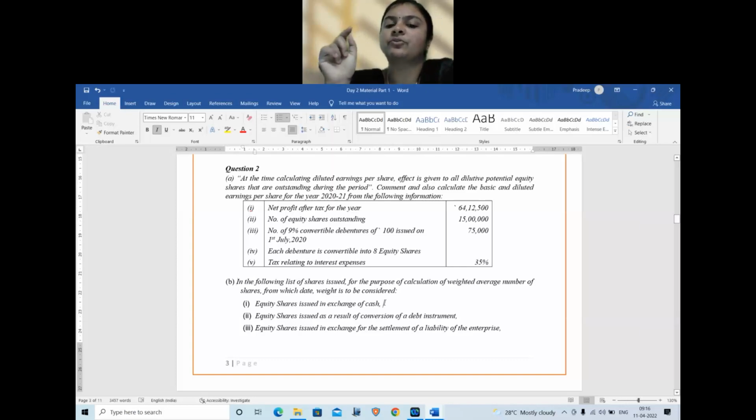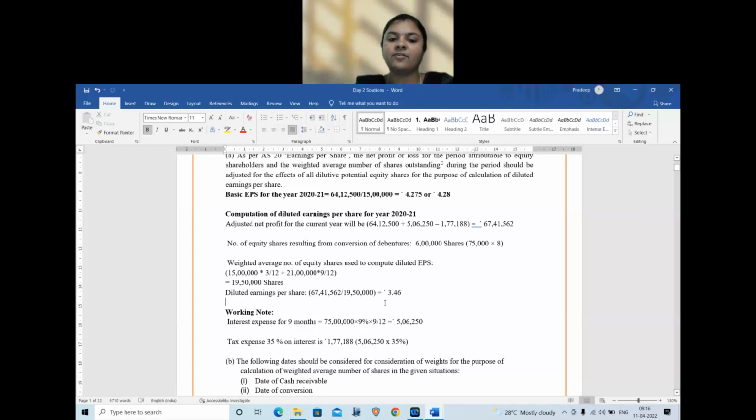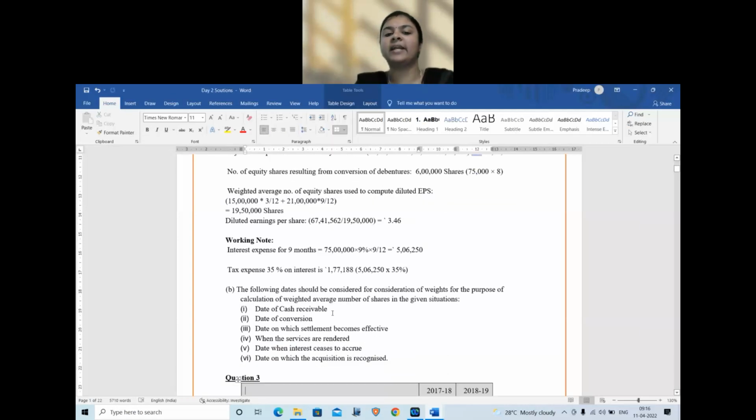Equity shares issued for exchange of cash. From which date will the shares become available? From the date of allotment or date of issue. So for the first one, the answer is date of cash receivable, which is nothing but date of allotment.